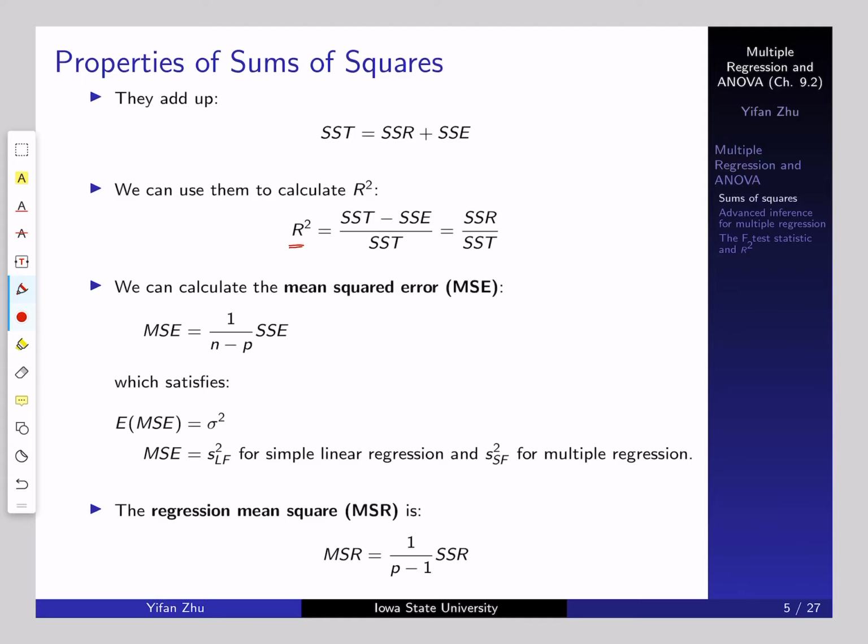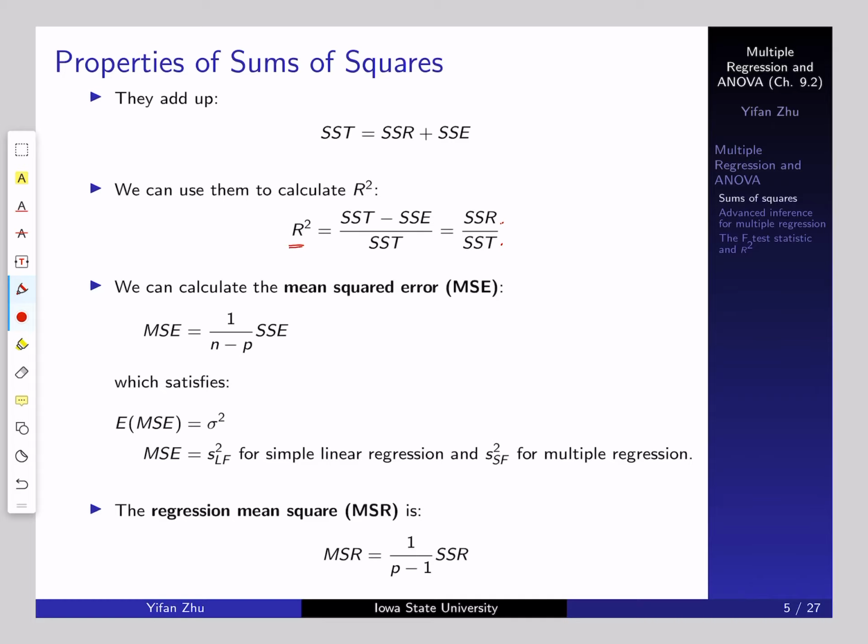So we use SSR over SST to calculate the R squared. This is the proportion of variation in the response explained by the model.